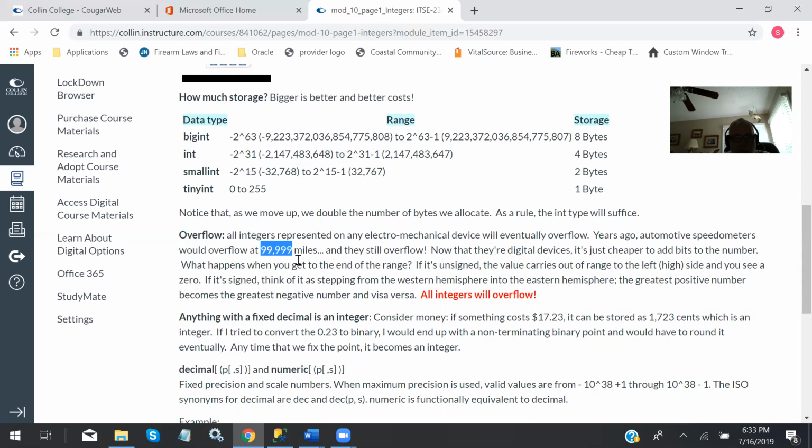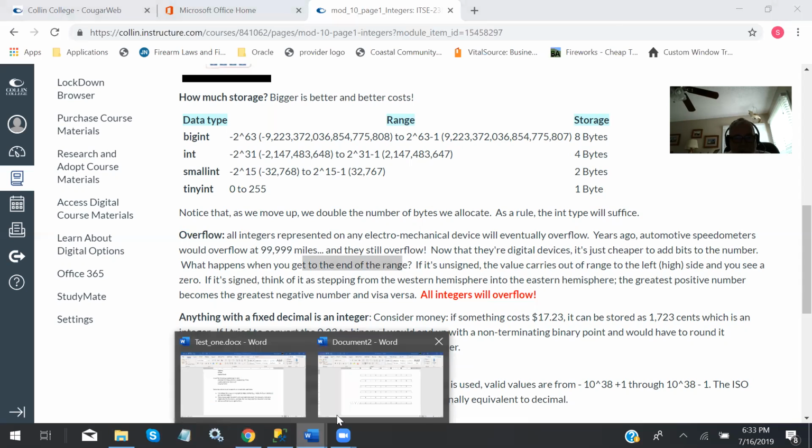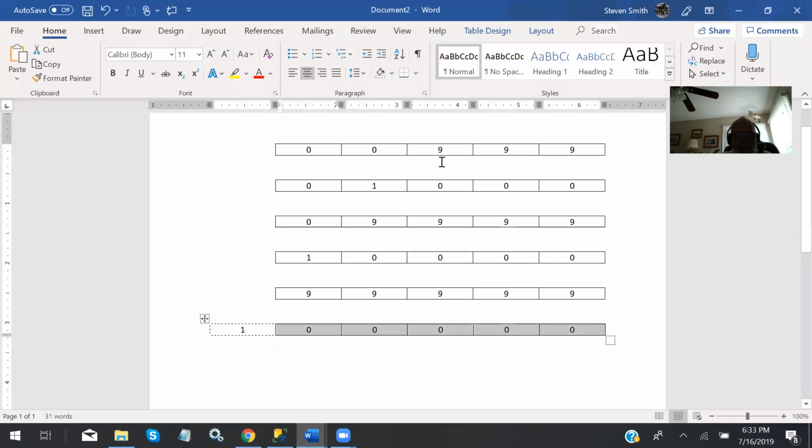Today, we just have more digits than that. They still overflow. Now that they're digital devices, it's cheaper to add bits to the number. But what happens when you run out?